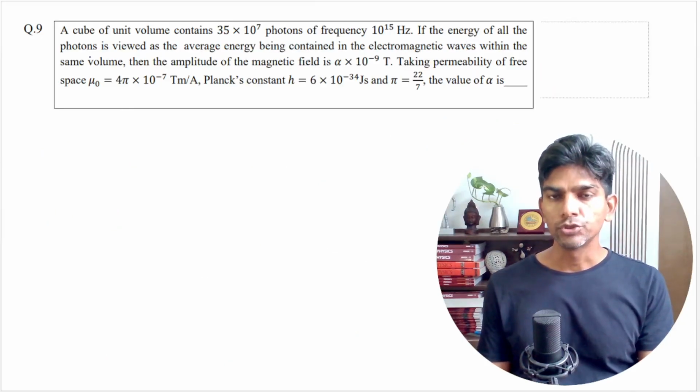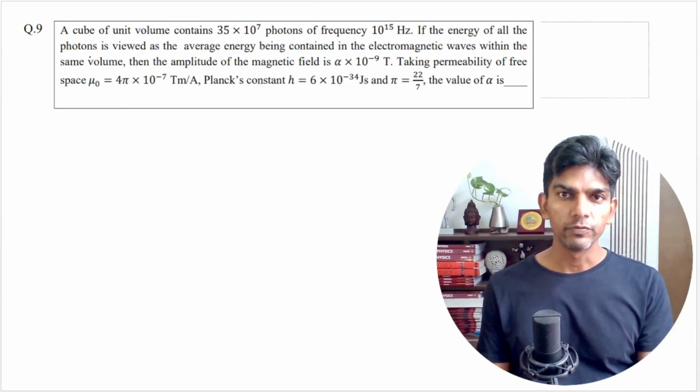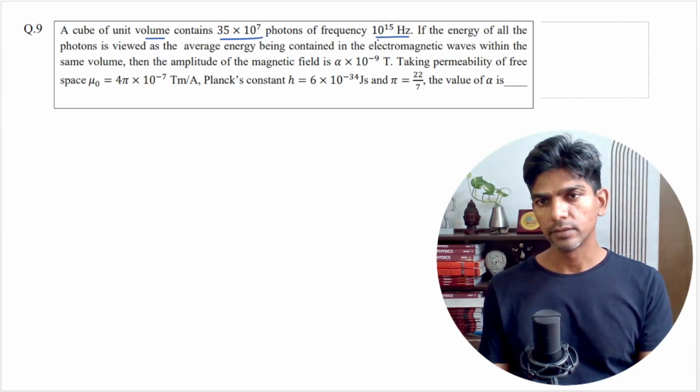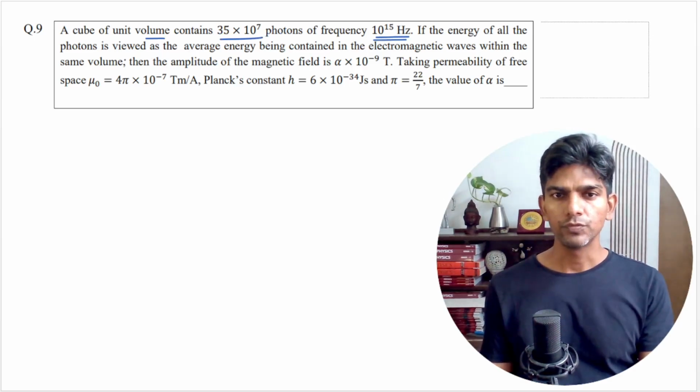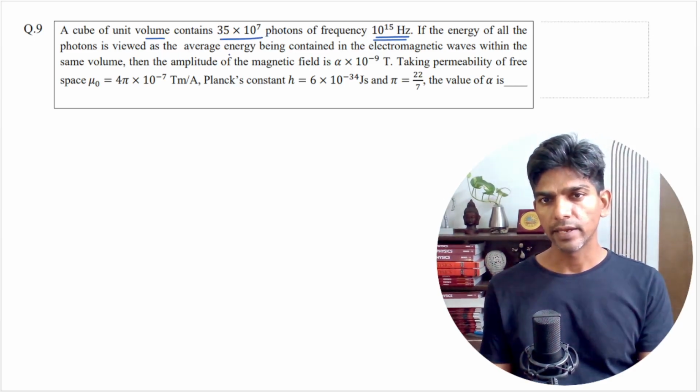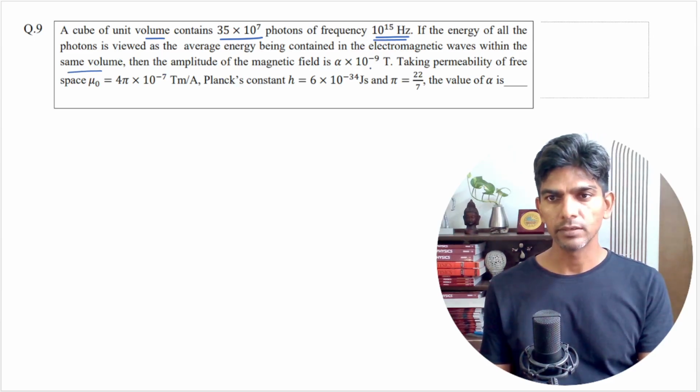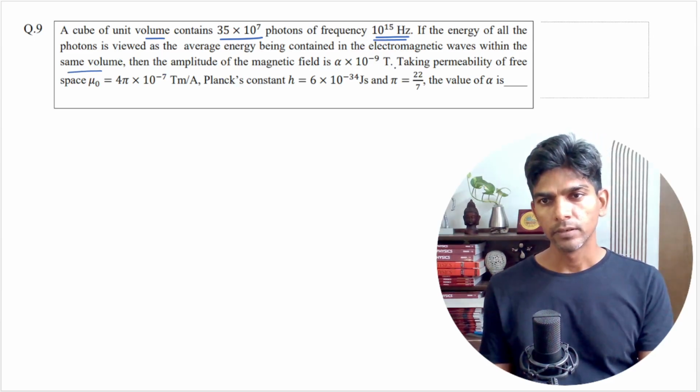Okay, right. So this is question 9 of JEE Advanced 2025 paper 1. A cube of unit volume contains 35 into 10 raised to 7 photons of frequency 10 raised to 15 hertz. If the energy of all the photons is viewed as an average energy being contained in the electromagnetic wave within the same volume, then the amplitude of the magnetic field is alpha times 10 raised to minus 9 Tesla.